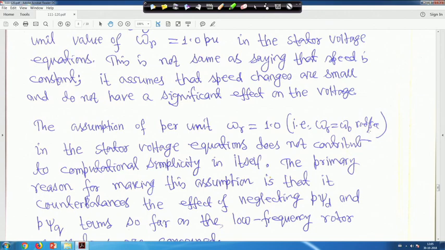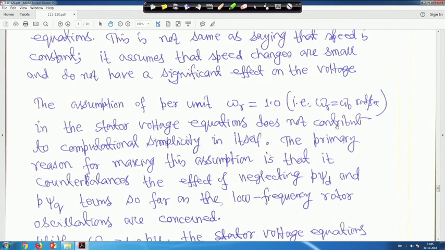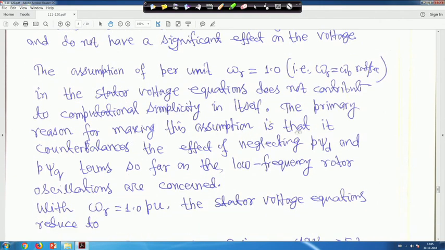So, the assumption is that per unit omega r is equal to 1, that is, omega r is equal to omega 0 radian per second in the stator voltage equation; this does not contribute to computational simplicity in itself. The primary reason for making this assumption is that it counterbalances the effect of neglecting the p psi d and p psi q terms, as far as the low frequency rotor oscillations are concerned. We will see those things much later, right.